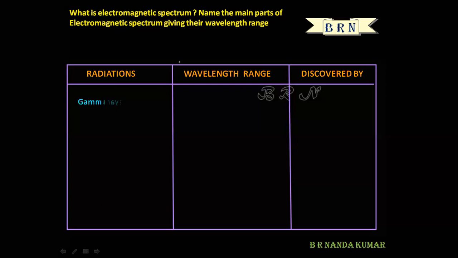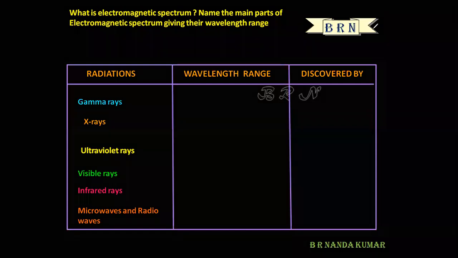The first radiation is gamma rays, then X-rays, after that UV rays, ultraviolet rays, and then visible rays, after that infrared rays. The last ones are microwaves and radio waves.